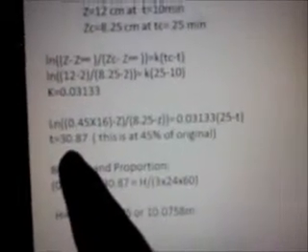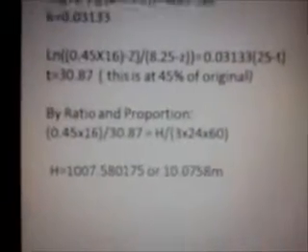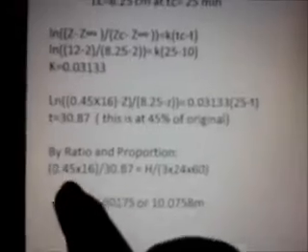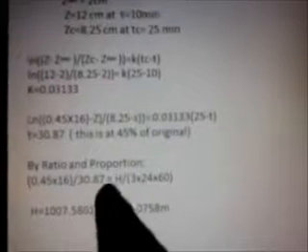So T will be 30.87 minutes. So this is at the 45% of the original. And then by ratio and proportion, 0.45 times 16, which is the initial height, and then divided by 30.87, which is the time.